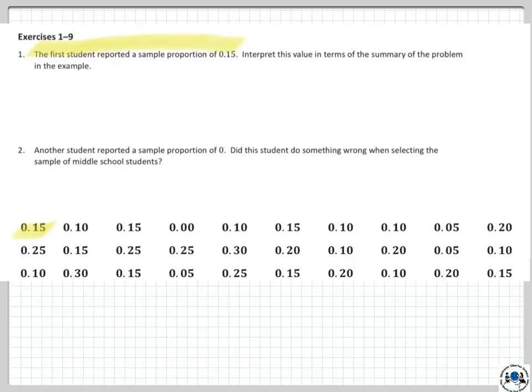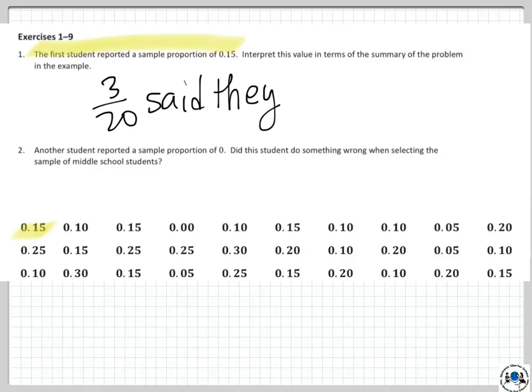Interpret this value in terms of the summary of the problem in the example. That sounds more complicated than it is. It simply means that 3 of the 20 students surveyed responded that they were vegetarians. Of course, that's all they can say they are.